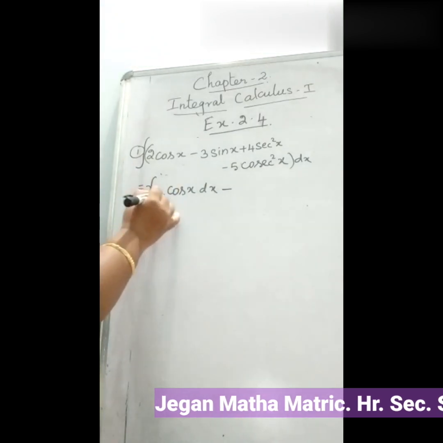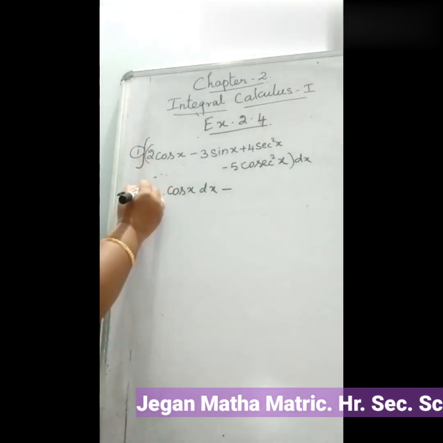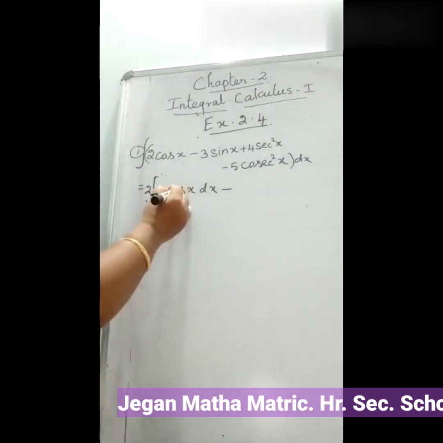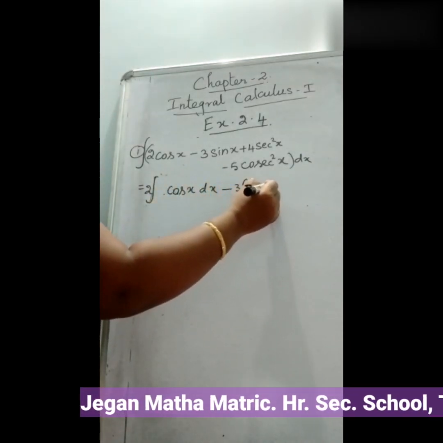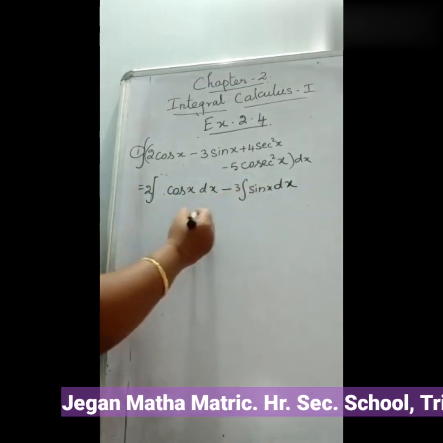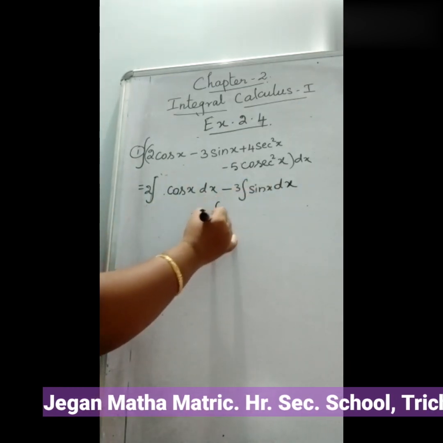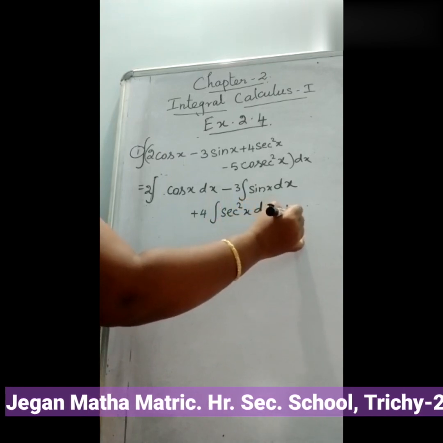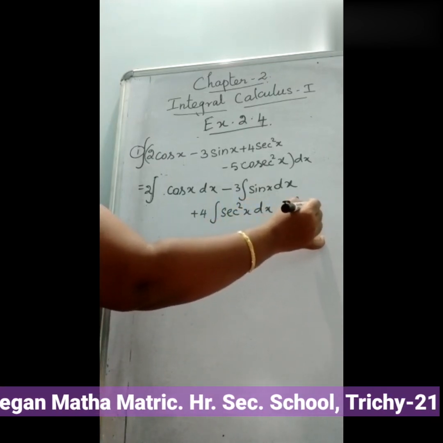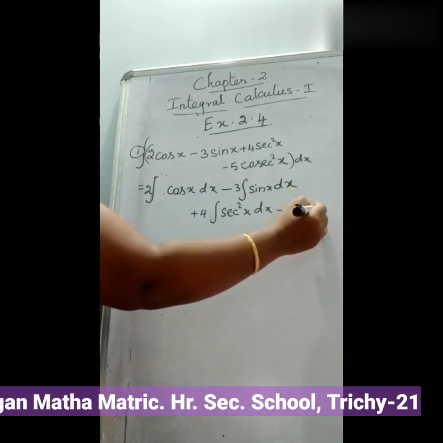So 2 into integral of cos x dx minus 3 into integral of sin x dx plus 4 into integral of secant squared x dx minus 5 into integral of cosecant squared x dx.